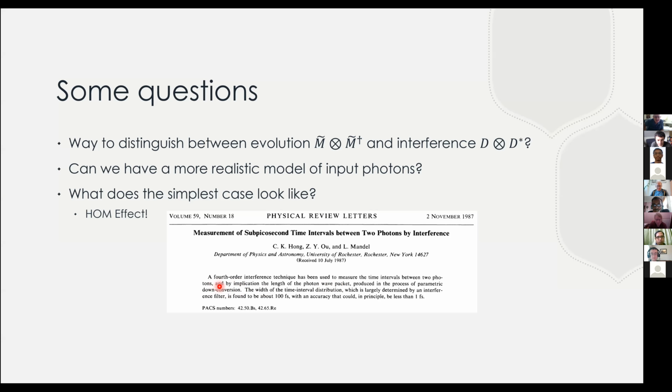I don't know exactly what they mean by that. It's been a long time since I've read this paper, but what they do is they take the two photons and you essentially split the wave packet, but you don't split the wave packet. You have a wave packet and then you detect the wave packet, and there might be some time delay between these two wave packets.